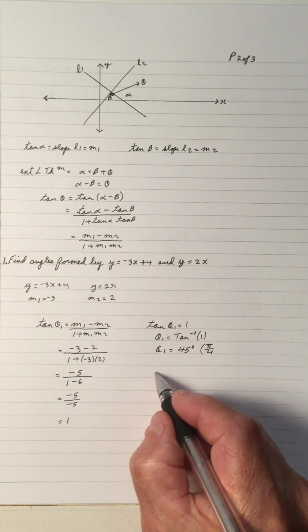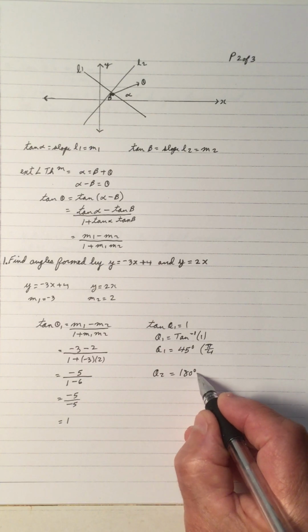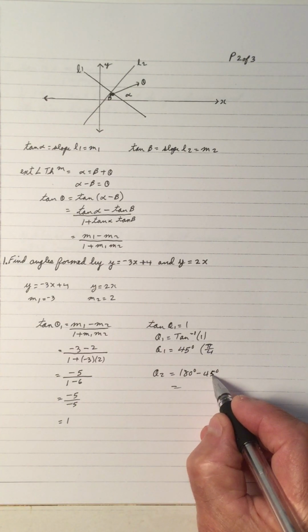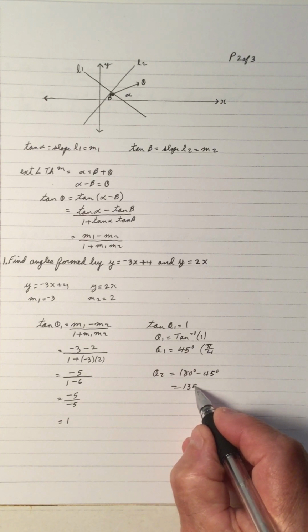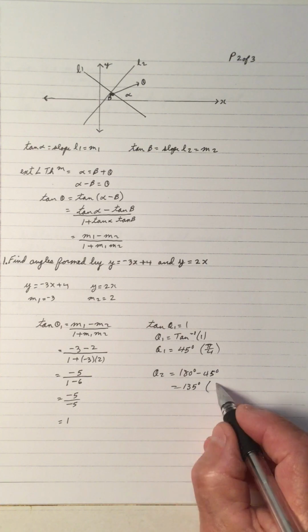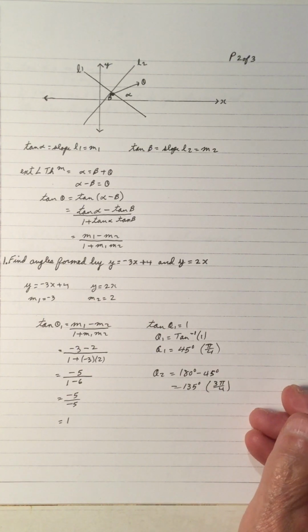The other angle is the supplement of that, so it's 180 minus 45, which gives 135, or, since there are three 45s there, 3 pi over 4. So those are the two angles.